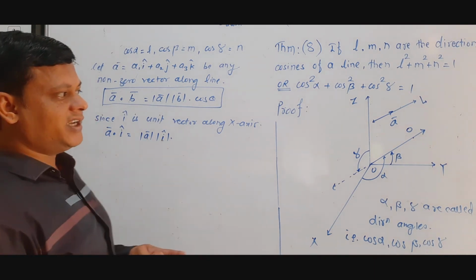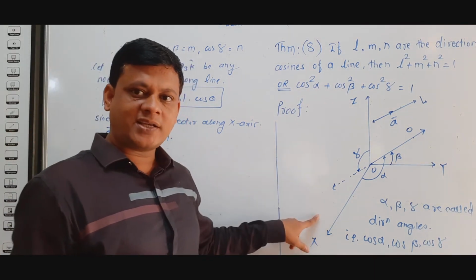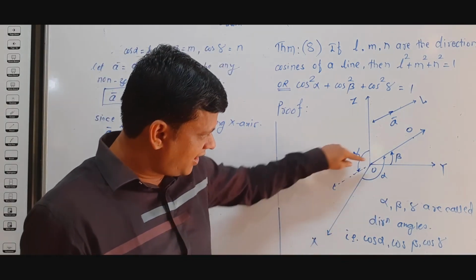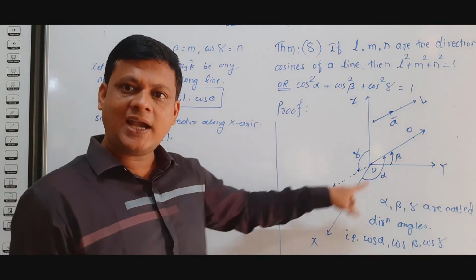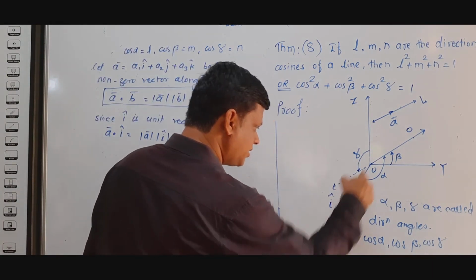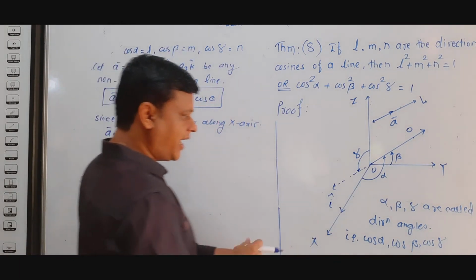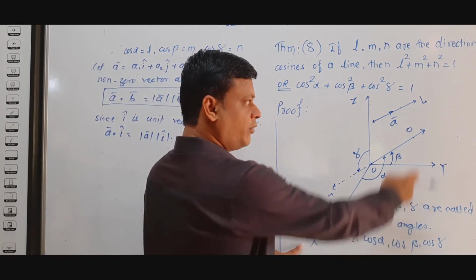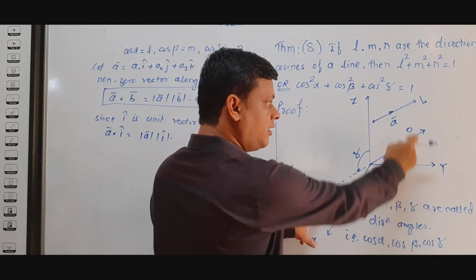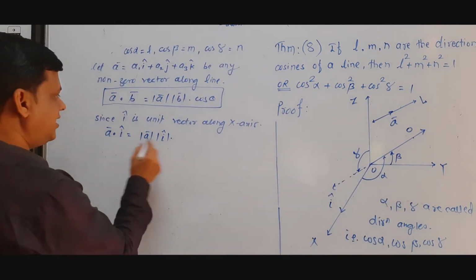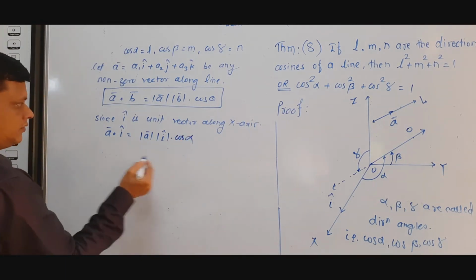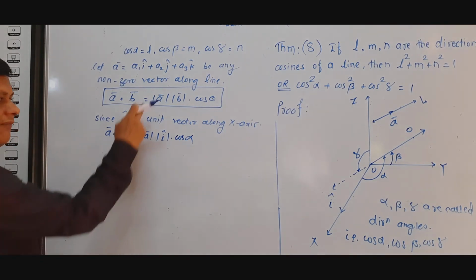Now we consider the angle between the x-axis and the line as alpha, that is, the angle between the unit vector and the line. Because the unit vector i cap is along the x-axis, the angle made by the x-axis with the line is the same as the angle made by the unit vector with that line. So we write the angle between them as cos alpha. This is by definition.